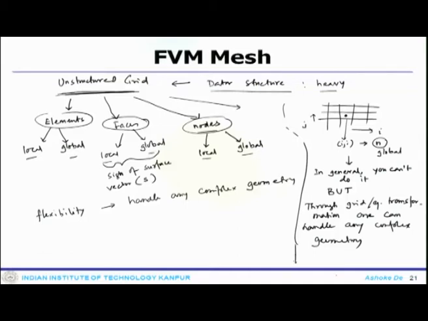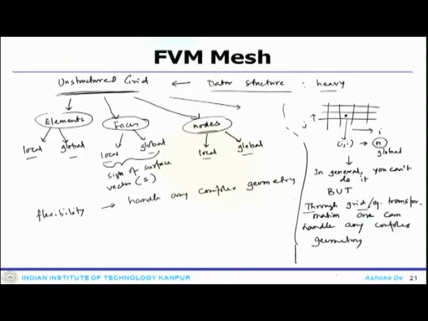So, that means the structured system can also be used, but there has to be a transformation. But transformation means not only your grid; your equations, that means the partial differential equations, need to be transformed to a regular system, the transformed plane, solved there, and then the solution brought back to the physical plane of your complex geometry.